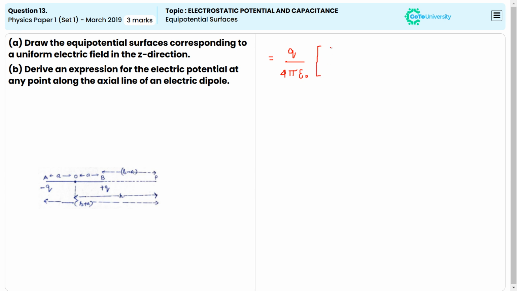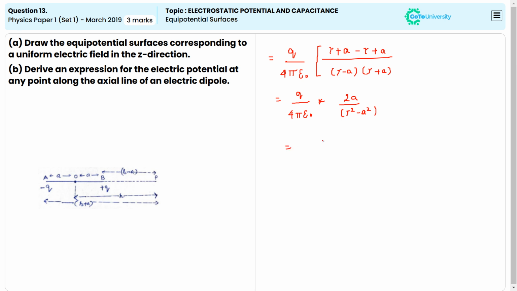Take the LCM, then we'll get R plus A minus R plus A, whole divided by R minus A into R plus A. Then we get Q upon 4 pi epsilon naught times 2A, because minus A and A get cancelled, over R square minus A square.